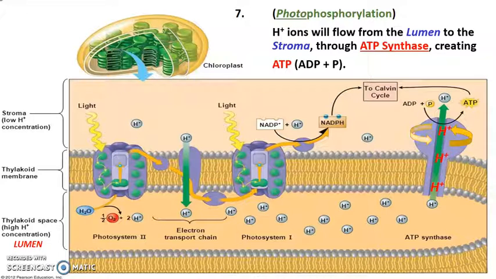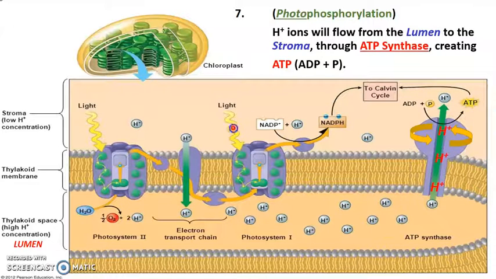As it spins, think of it as clicking 1 second at a time on a clock. Every time it clicks around once, that provides the momentum needed to add a phosphate group back on the ADP to make ATP.